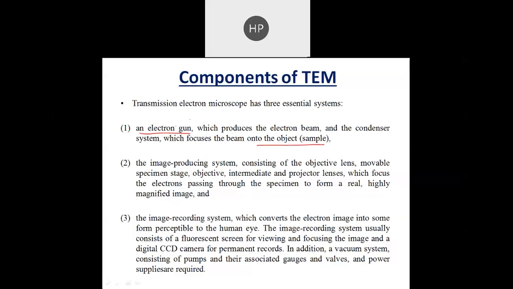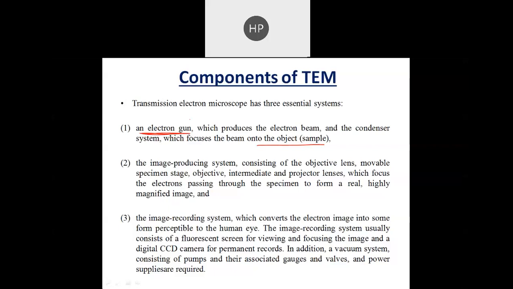So the first important component is the electron gun. The components that you find in the TEM are somewhat similar to what we have already discussed in the scanning electron microscope. In the SEM we have an electron gun, and in the same way we have an electron gun here.